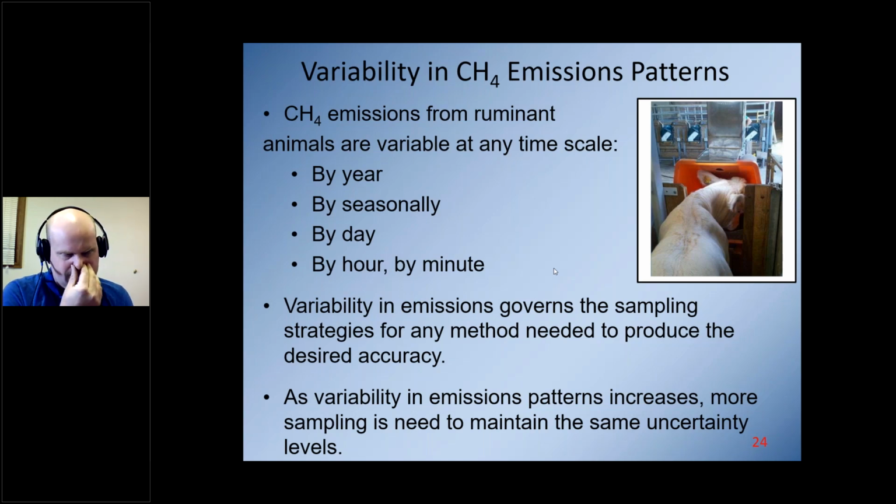So variability and statistics govern how we sample. The larger the variability, the more samples we need to create a clear picture of what's actually going on with the emissions. If the variability is low, we need a smaller number of samples.